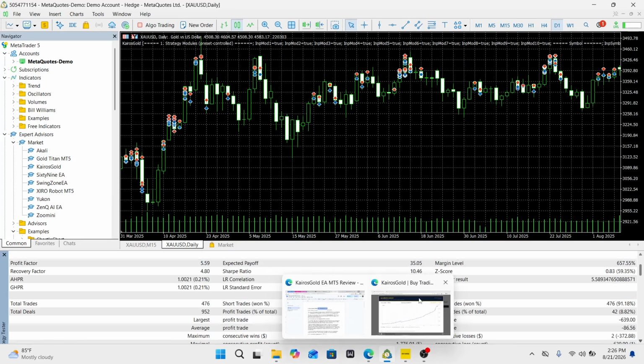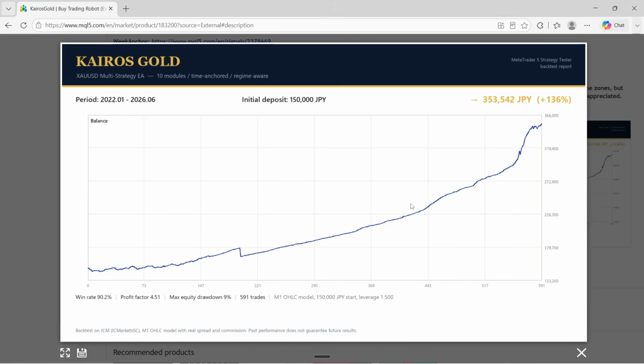Let's head back to the website. So the selective design and regime design, and the option to run without the grid modules, are useful risk control features. The hard stop scalp side provides defined risk while the grid is disabled.